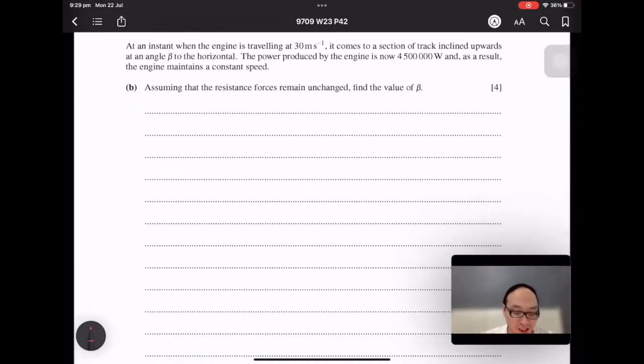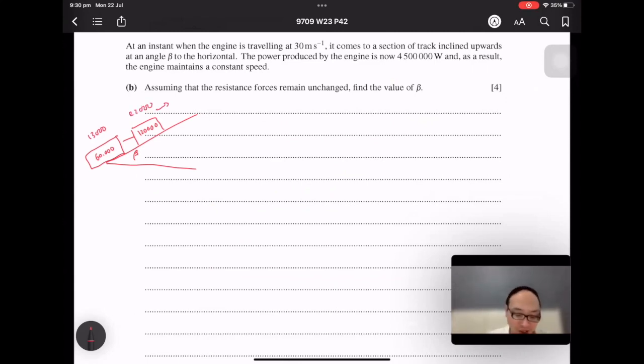At an instant when the engine is traveling at 30 meters per second, it comes to a section of track inclined upwards at an angle beta. So now it has angle beta. So the same: 120,000 and 60,000 with 13,000 resistance and 22,000.